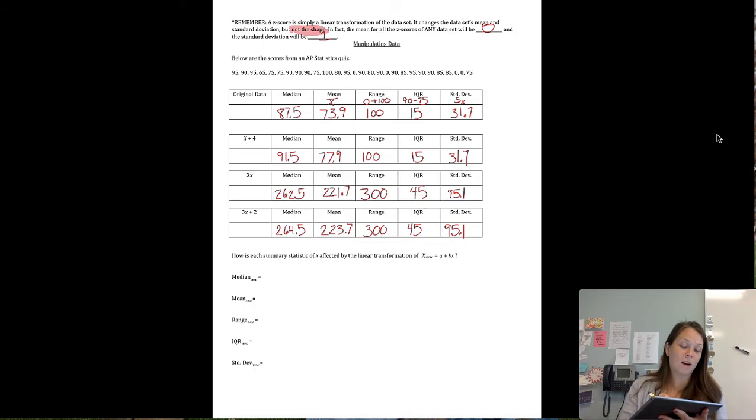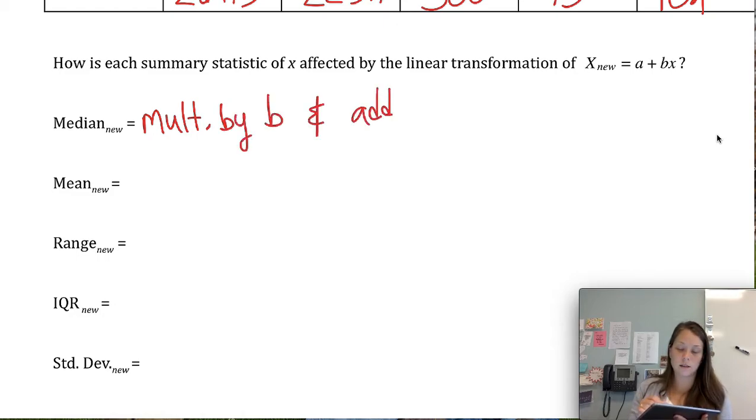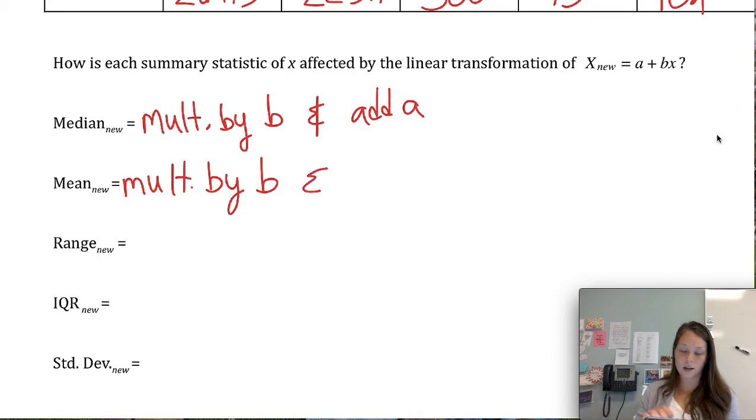In general, the pattern that's happening here is anytime you have a median, it is always going to change by multiplying by B and adding A. Meaning, if you have a data set that's in one unit, say degrees Celsius, and you need to convert that into degrees Fahrenheit, you would multiply the original median by whatever that B factor is, and then add whatever your A constant number is. Your mean, you'd multiply by B and add A.